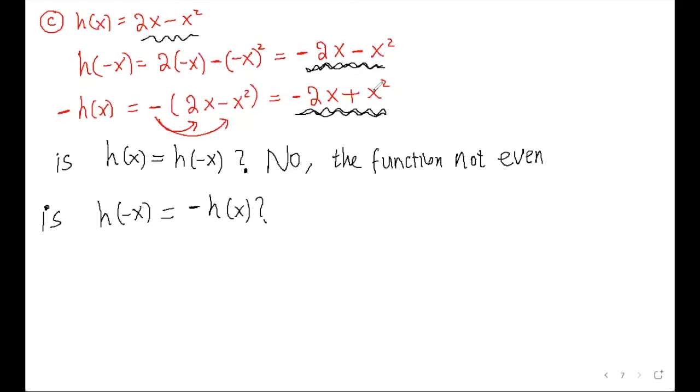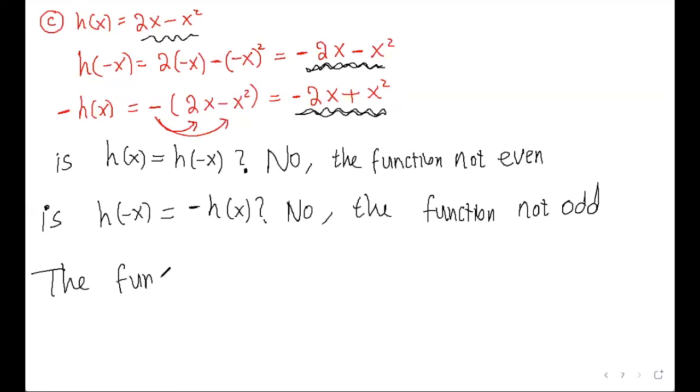We have here minus 2x plus x squared. So the answer is also no. The function is not odd. So the function is not even, not odd. This means the function is neither.